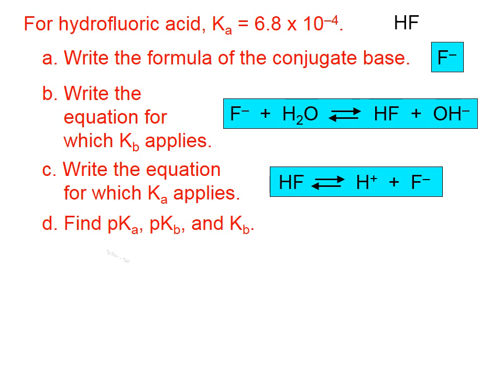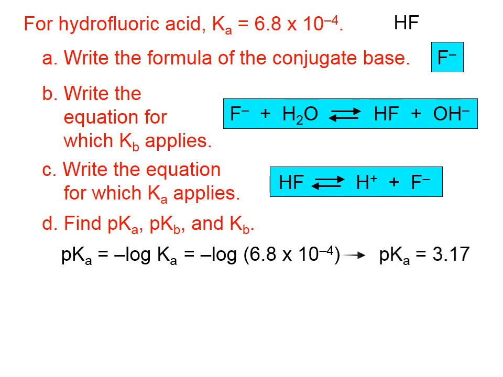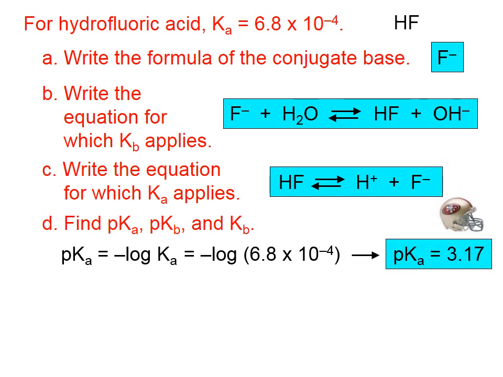We know what the Ka is. If we know what the Ka is, we can take the negative log of it to find the pKa, 3.17. This little SF football helmet here is my reminder that we are going to use the significant figures rule for logarithms, which says that whenever you take the logarithm of a number, however many significant figures are in that number, your logarithm must have that many decimal places.